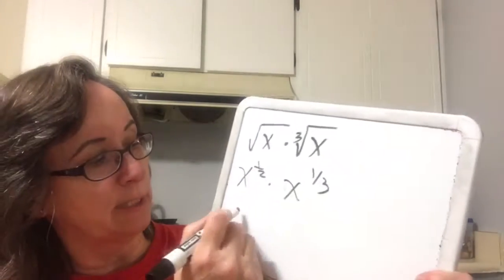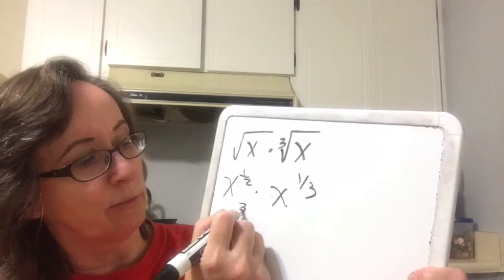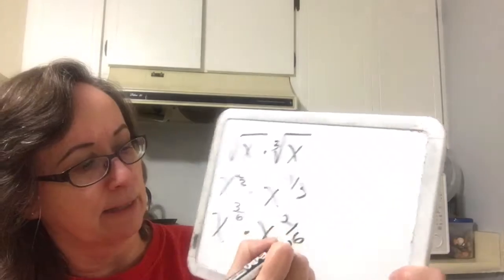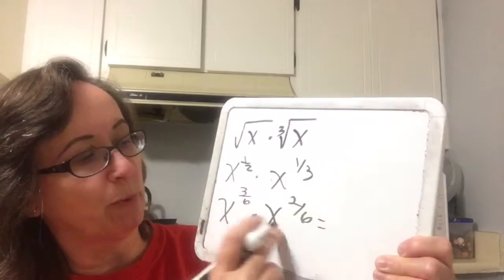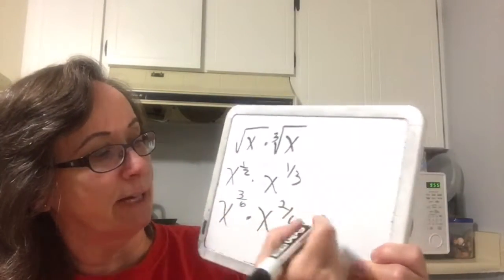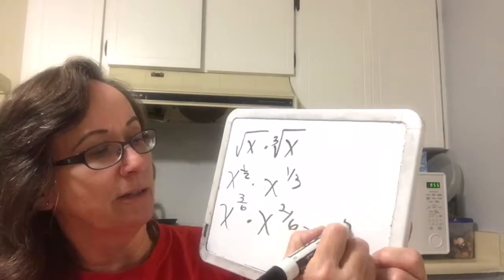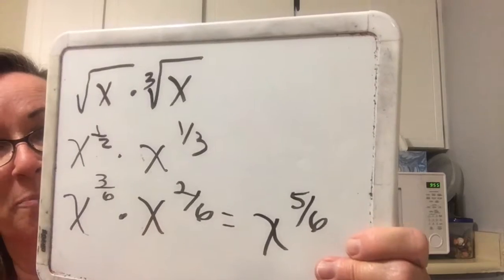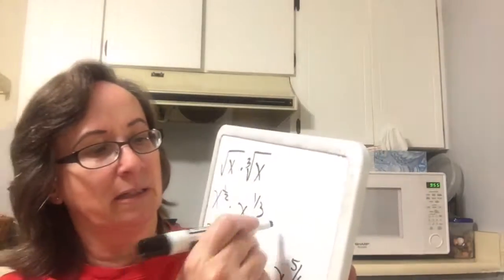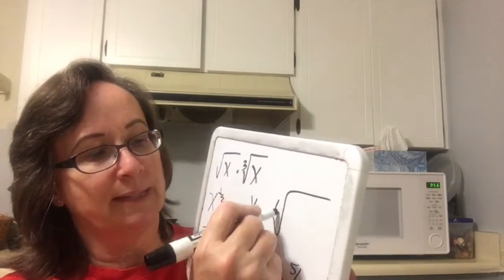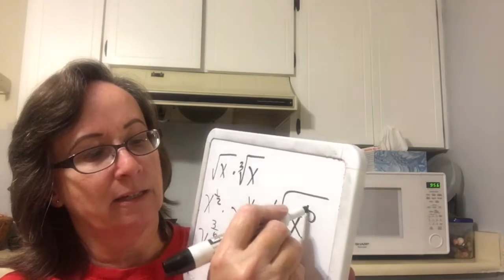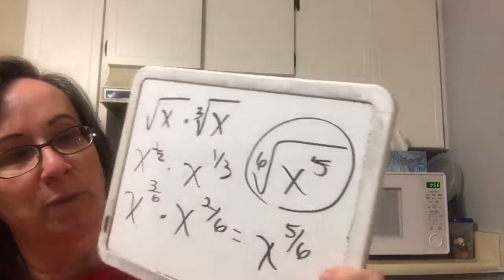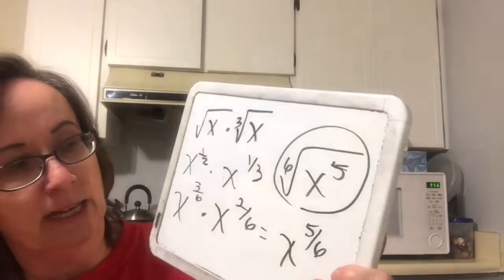Now I have to get a common denominator, so x to the 3/6 times x to the 2/6 is going to be, remember when I multiply like bases, I add their exponents and get x to the 5/6, and then I have to put it back under a radical, which would have been the 6th root of x to the 5th. And the 6th root of x to the 5th would be the correct answer.